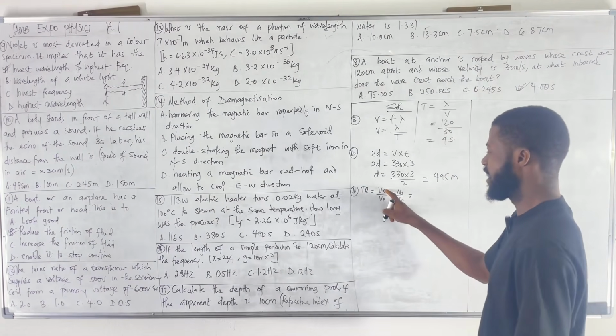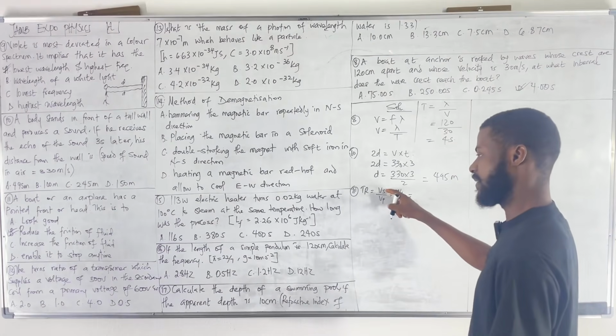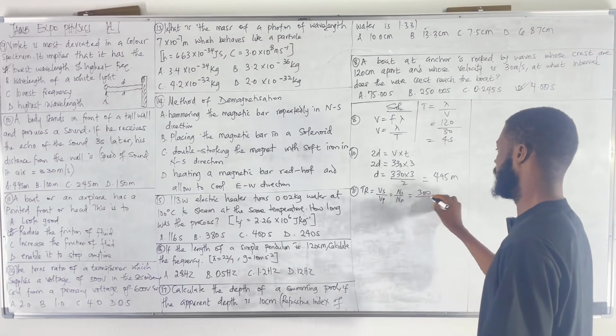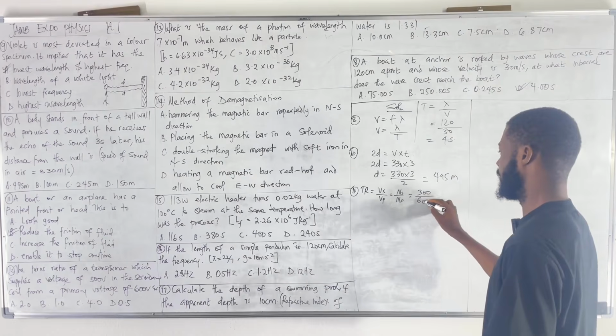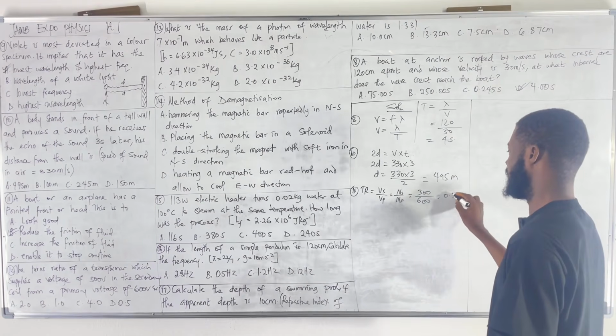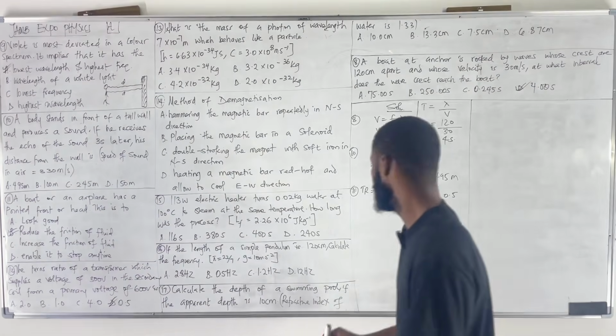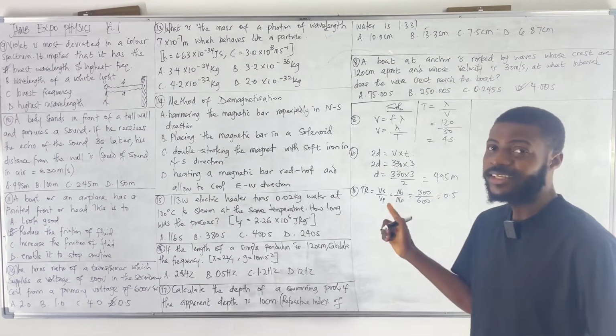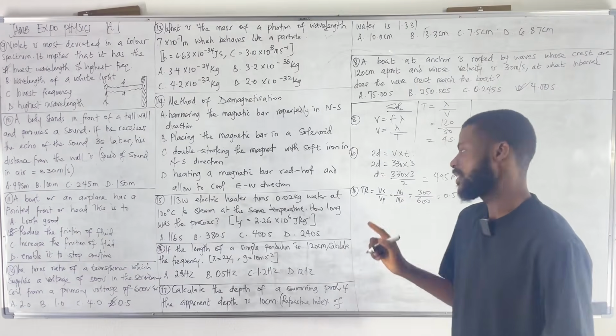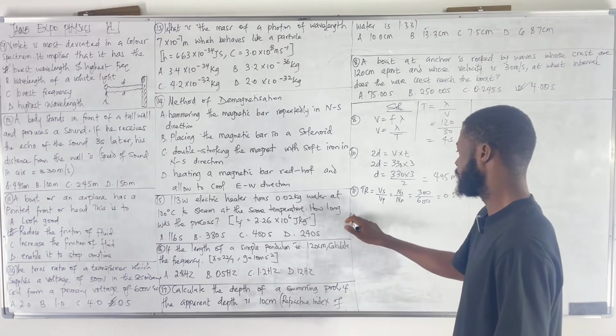Our VS, the voltage in the secondary, is 300. The voltage in the primary is 600. 3 over 6 gives us 0.5. So the answer is D, 0.5. That's the turns ratio. Take note of transformer.